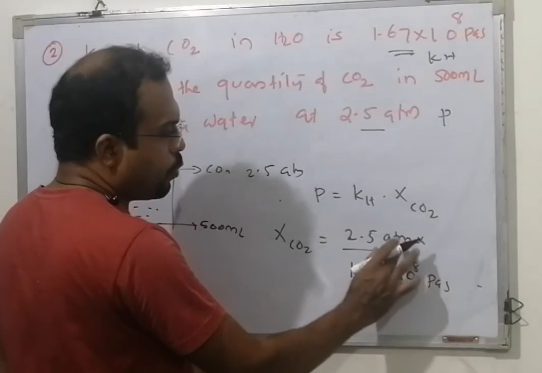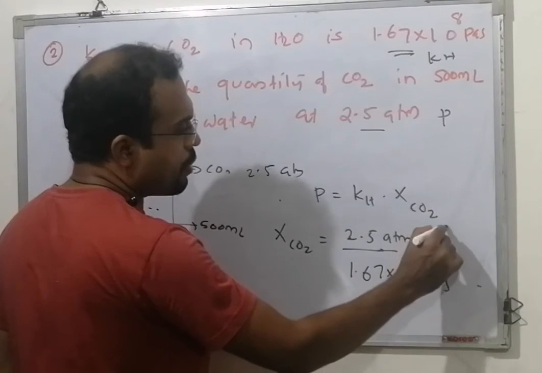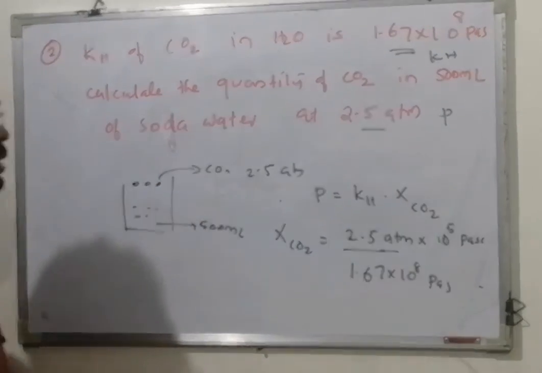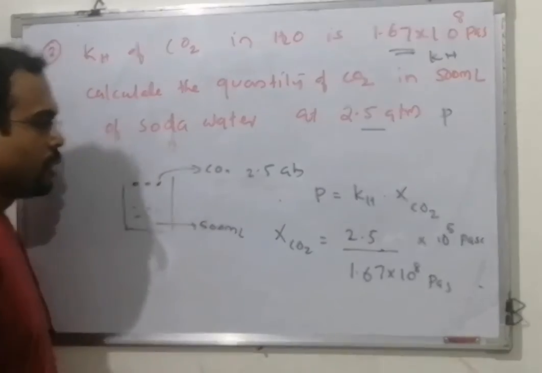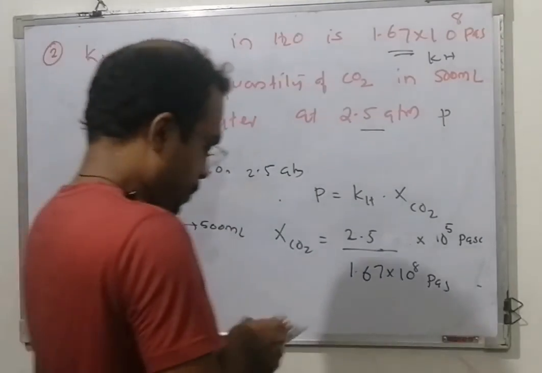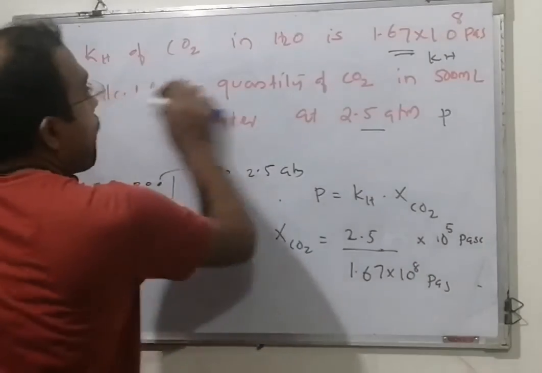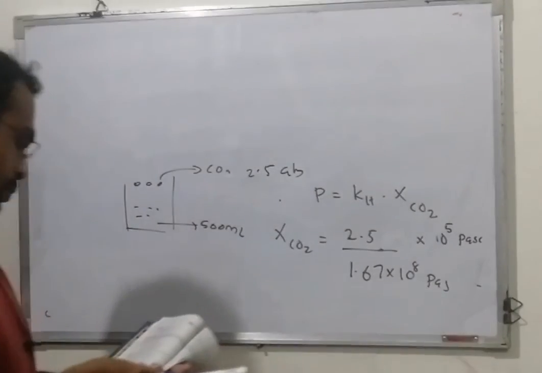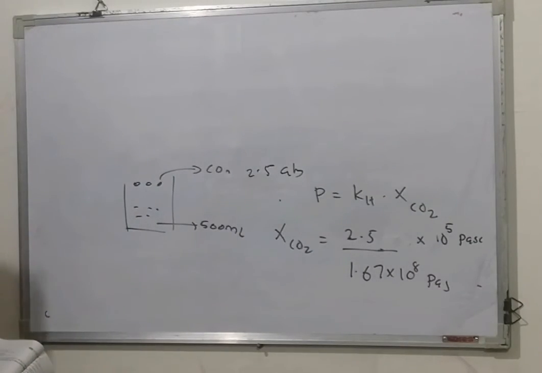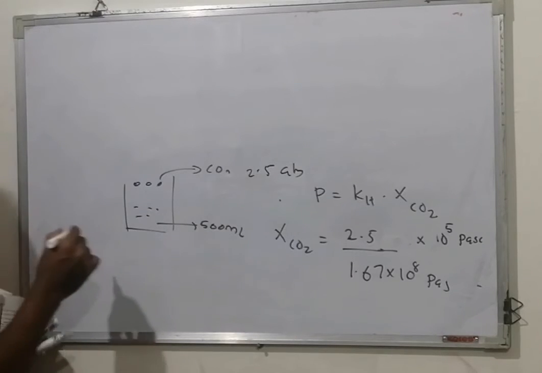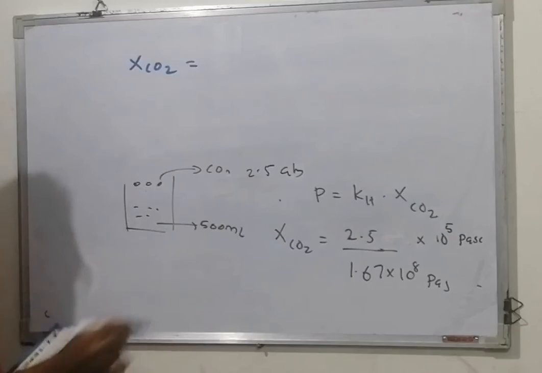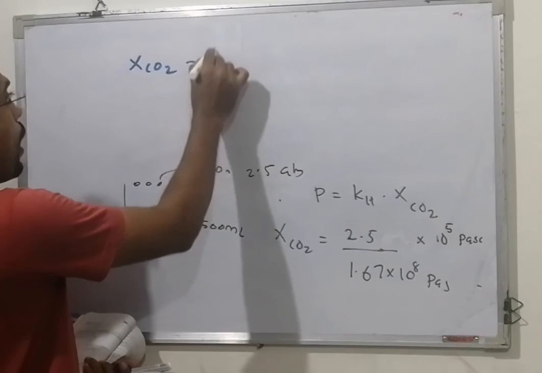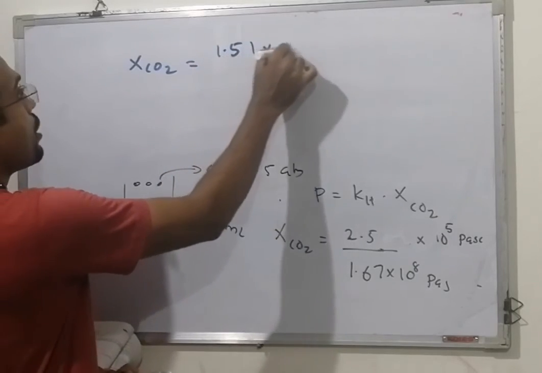One atm, if you want to convert into Pascal, you multiply it with 10 raised to 5 Pascal. That's better. Now this is also in Pascal. Therefore, the mole fraction of carbon dioxide is 1.51 into 10 raised to minus 3.